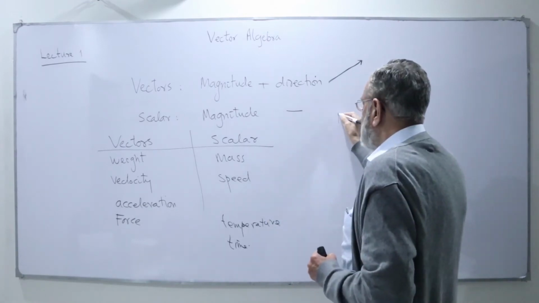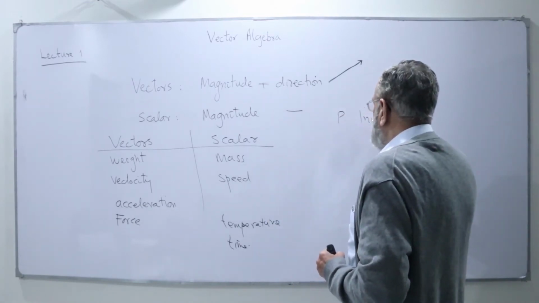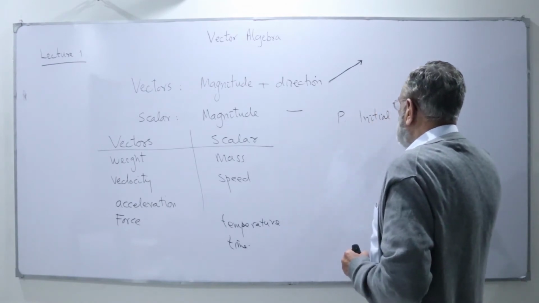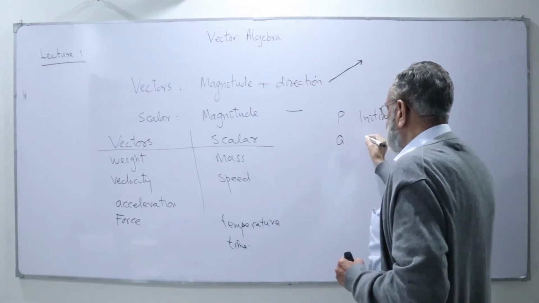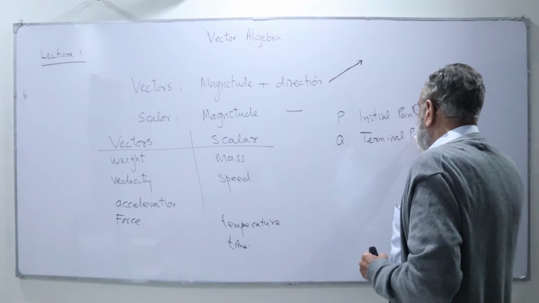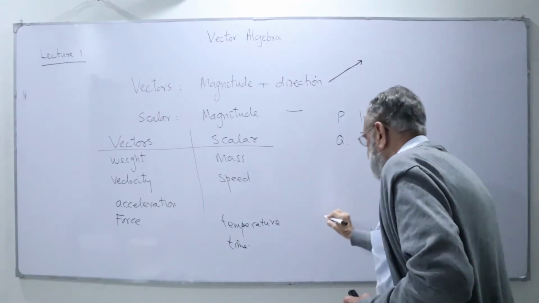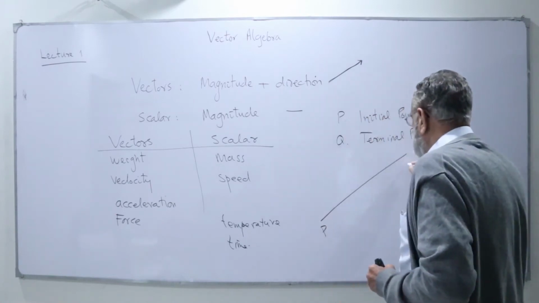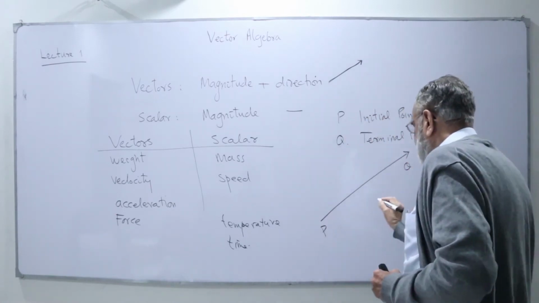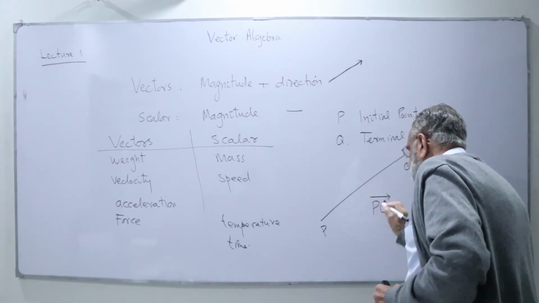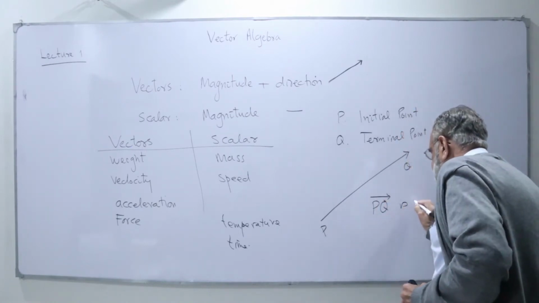We say a point P is the initial point, and we have point Q. Point Q we say is the terminal point. And we define it like this. This is my point P to point Q. This is my point P, the initial point, and this is my point Q, the terminal point. And I write PQ with an arrow on top, and that is my vector.